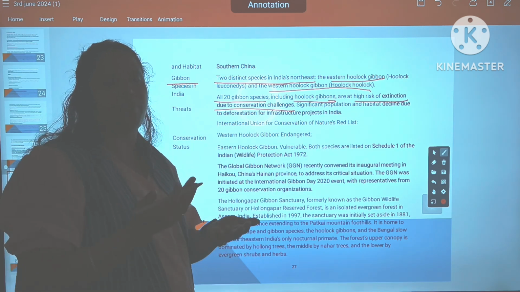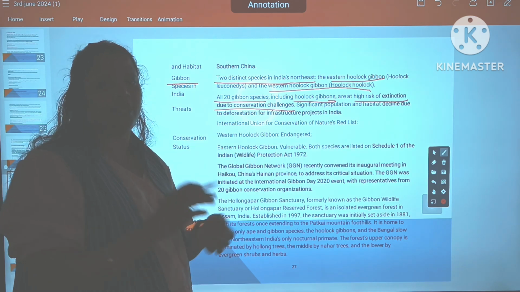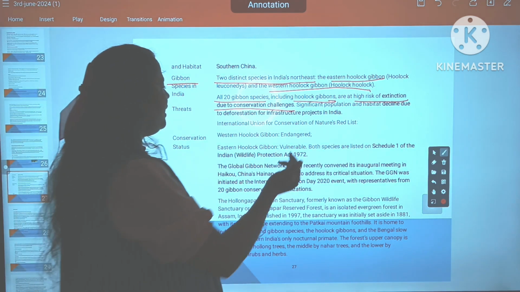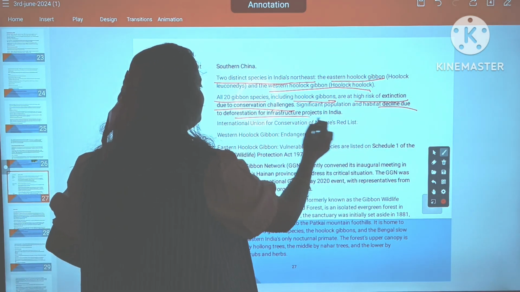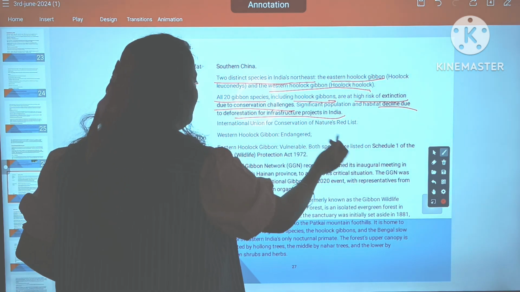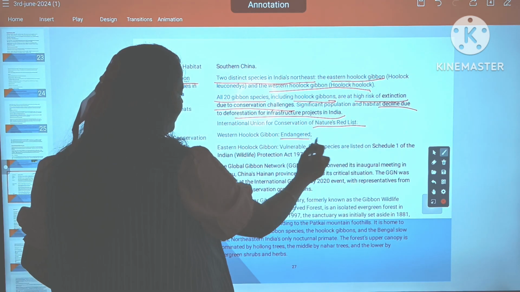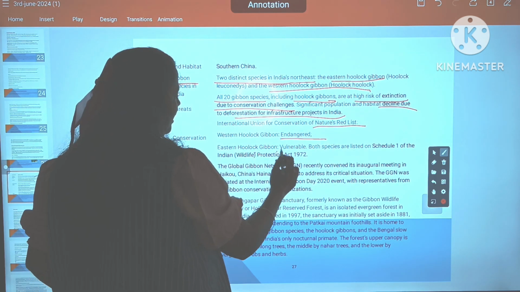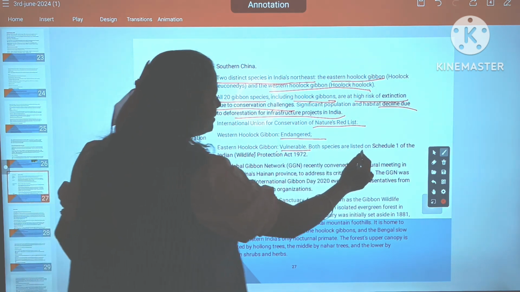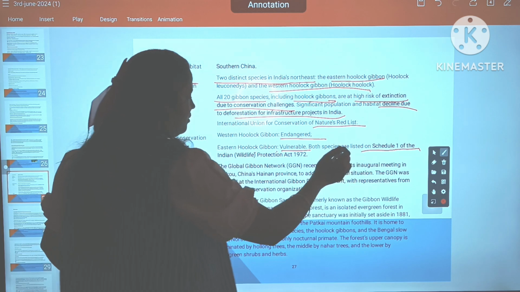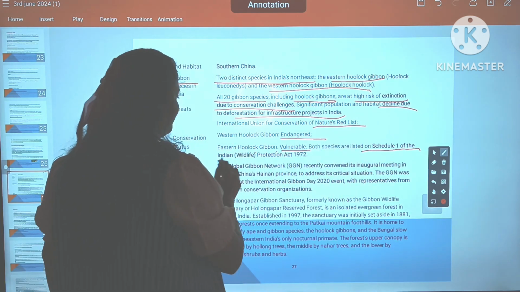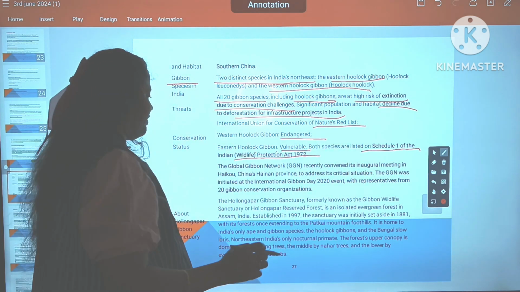If rain is not there, ponds and lakes will dry, then animals are unable to live, and populations decline due to deforestation and infrastructure projects in India. So it is in the IUCN Red List. Western hoolock gibbon is endangered, eastern hoolock gibbon is vulnerable. Both species are listed on Schedule 1 of the Wildlife Protection Act 1972.